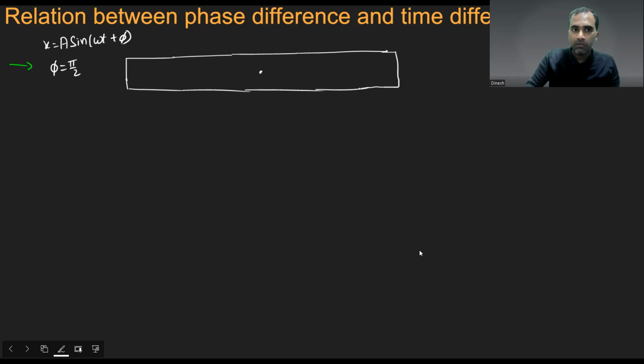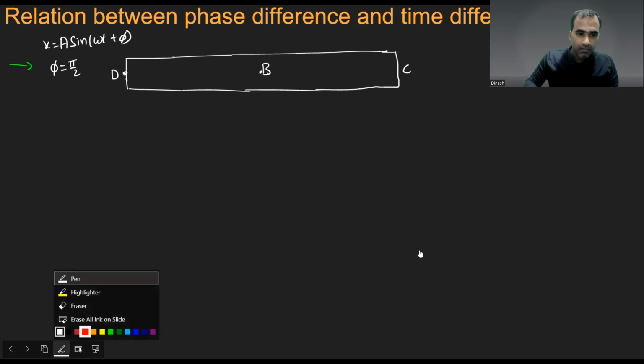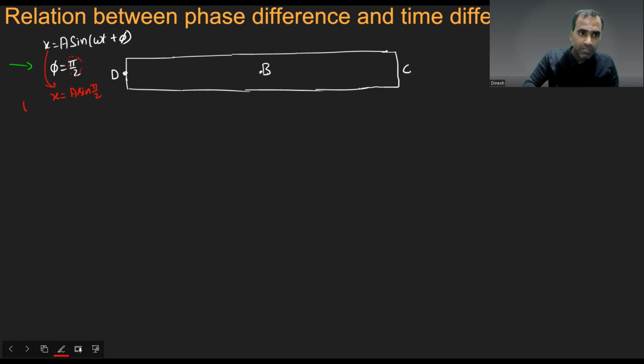How about phase pi by 2? The initial phase is pi by 2. Can you mark the initial point? Can anyone mark the initial point? Where is it starting? It is starting at C, sir. Wonderful. The starting point, because the phase is pi by 2, you can substitute here x equal to a sine of pi by 2, and you're talking about time 0.